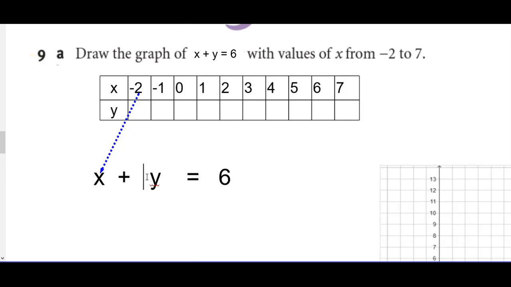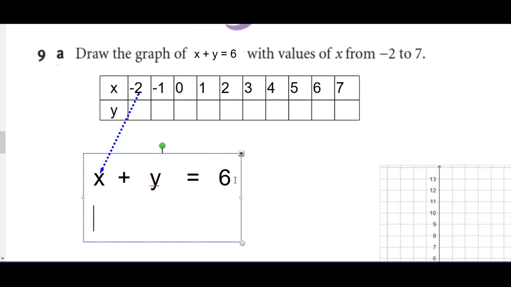Instead of writing x there, you're going to write -2, then plus y, because I'm looking for the value of y, that equals to 6.